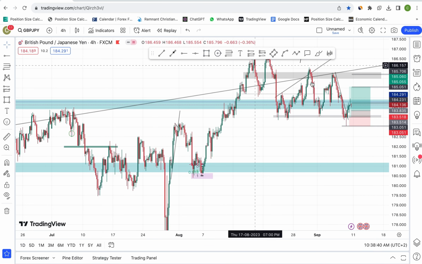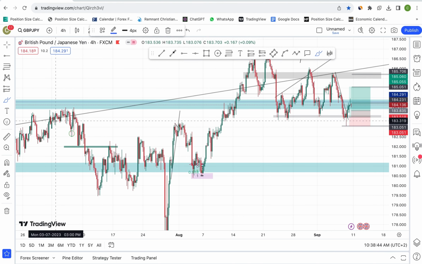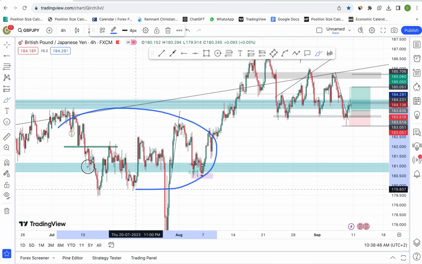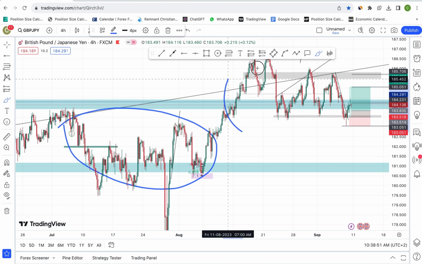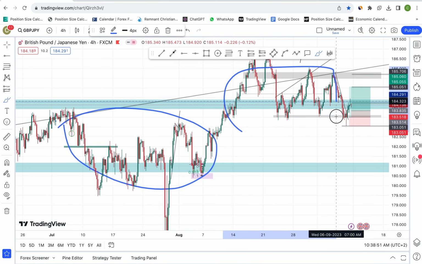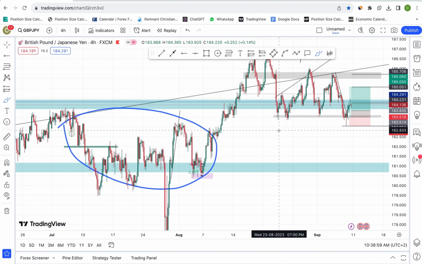From this zone, let me show you. Where's my arrow? You can see from this zone right here, it's flipped to this zone. You can see that's a wrong drawing.